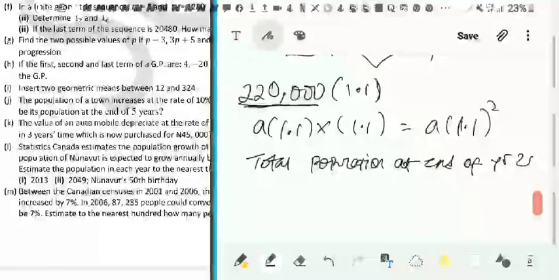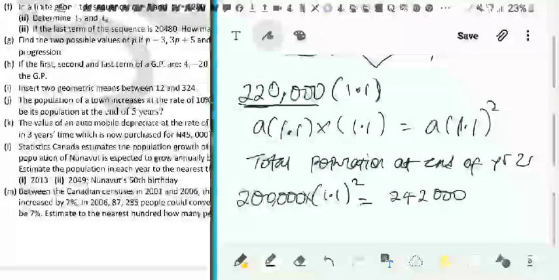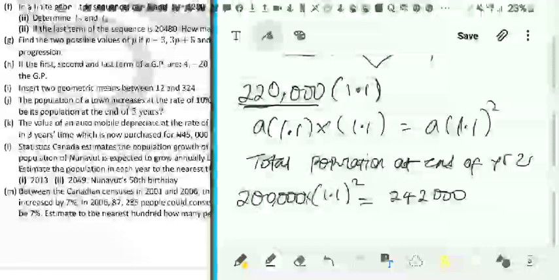You can check it out: 200,000 times 1.1 all squared, you will get the same 242,000 that we got at the end of the second year when we solved normally. I'm just doing all these explanations so that you understand this concept very well.